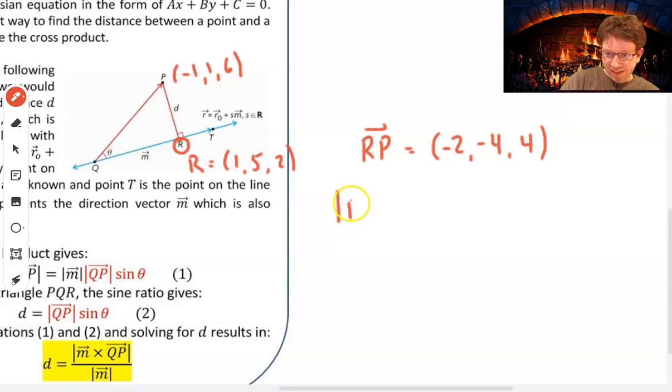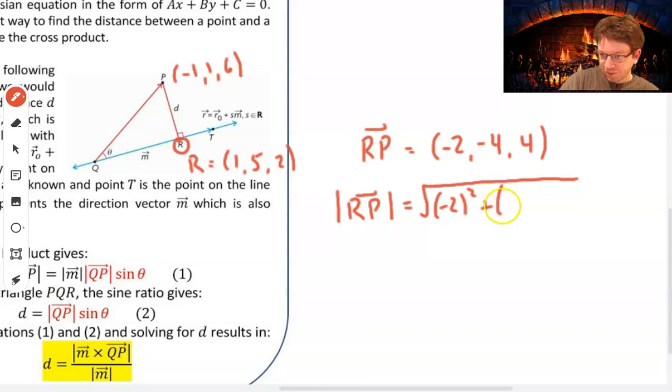And therefore, the magnitude of RP is the square root of minus 2 squared plus minus 4 squared plus 4 squared, which gives you the square root of 36, or 6.